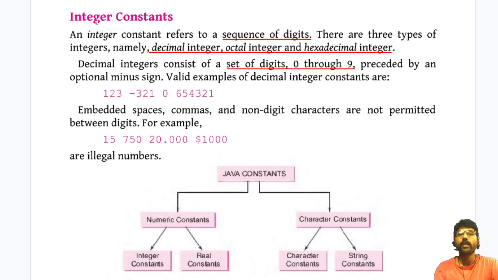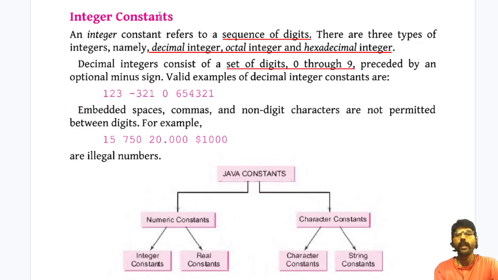An integer constant is a sequence of digits, numbers. They are actually of three types. They can be created in three types: decimal integer, octal integer and hexadecimal integer.